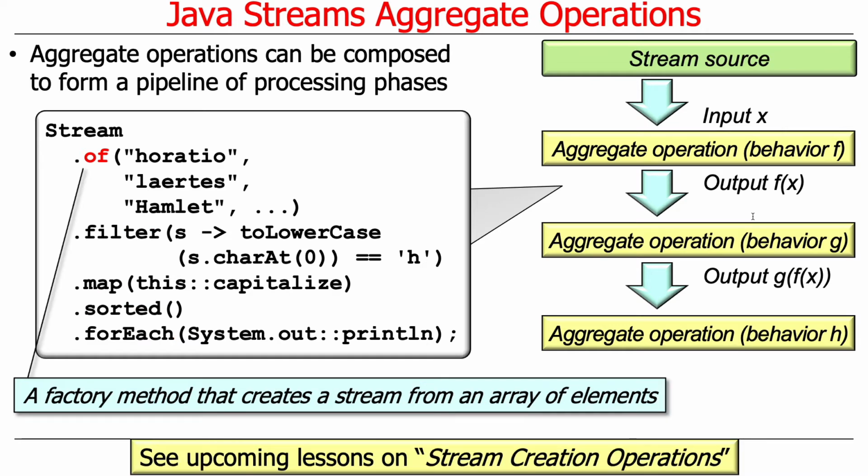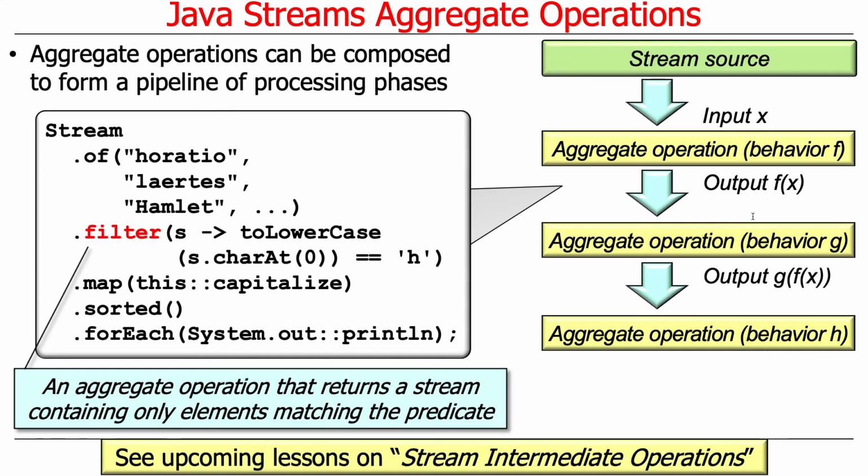So here's just a quick recap of how we're putting together these operations in a fluent way. The of operation creates a stream from an array of elements, and then we fluently chain that to the filter operation, which is an aggregate operation that returns a stream that only contains the elements that match the predicate, only contains things that have h, either lowercase or uppercase h.